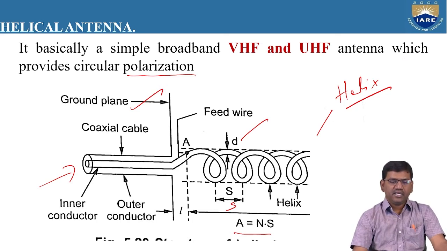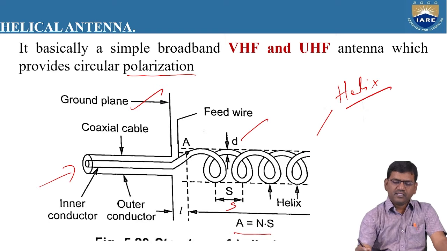A coaxial cable consists of two types of conductors, the inner conductor and the outer conductor. The inner conductor is connected to the wire of the helical antenna, and the outer conductor is connected to the ground plane.